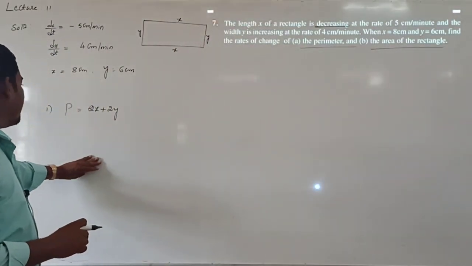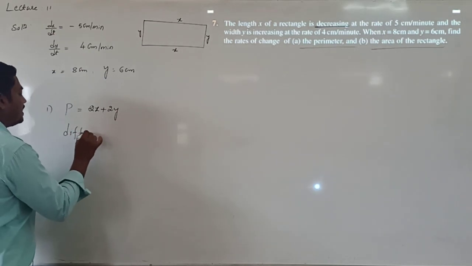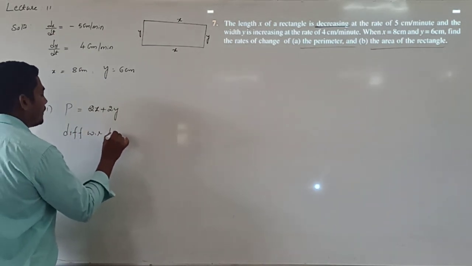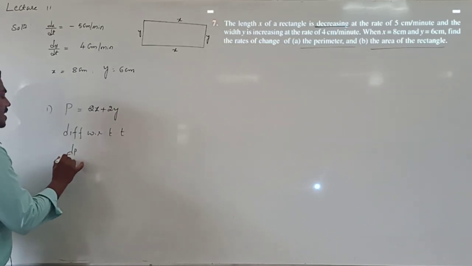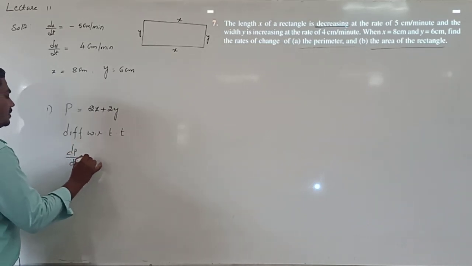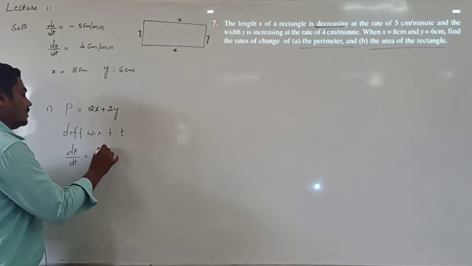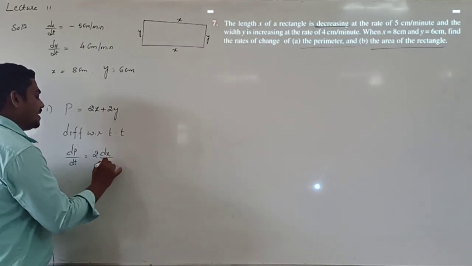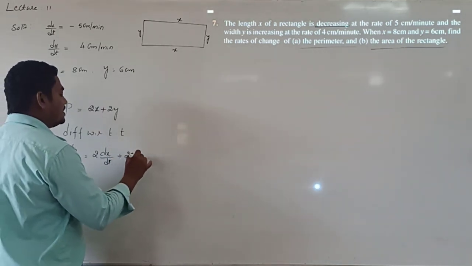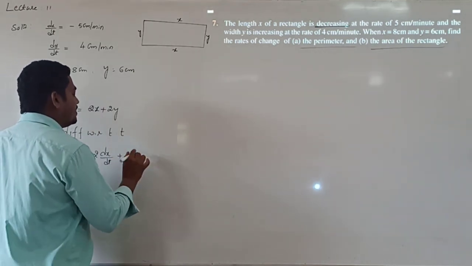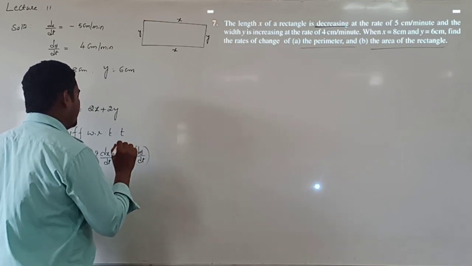Now differentiate with respect to time only. Then dP divided by dt is equal to 2 constant as it is, x differentiation with t is dx by dt, plus 2 remains as it is, y differentiation with respect to t is dy by dt.